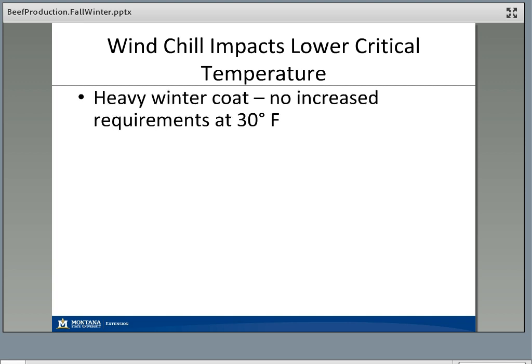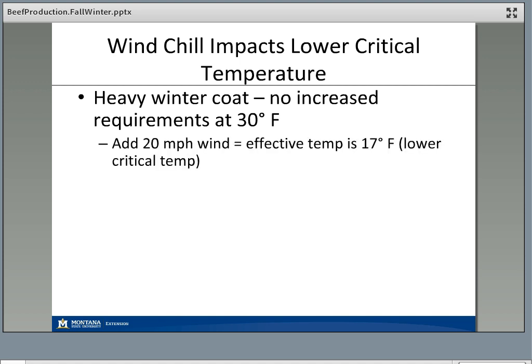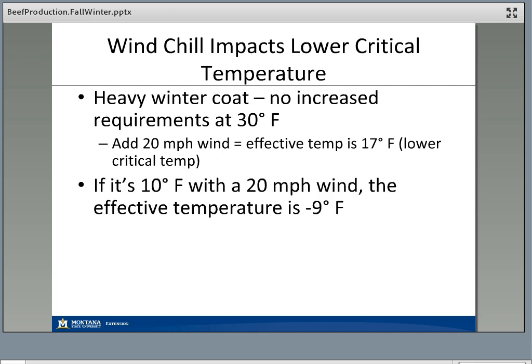On the other hand, if it's 10 degrees with a 20-mile-an-hour wind, then the effective temperature is now 9 below. She's going to have to expend energy to maintain body temperature. So obviously, providing shelter from the wind can help cows lessen cold stress, so having a way for them to get out of the wind is pretty important during those winter feeding periods.